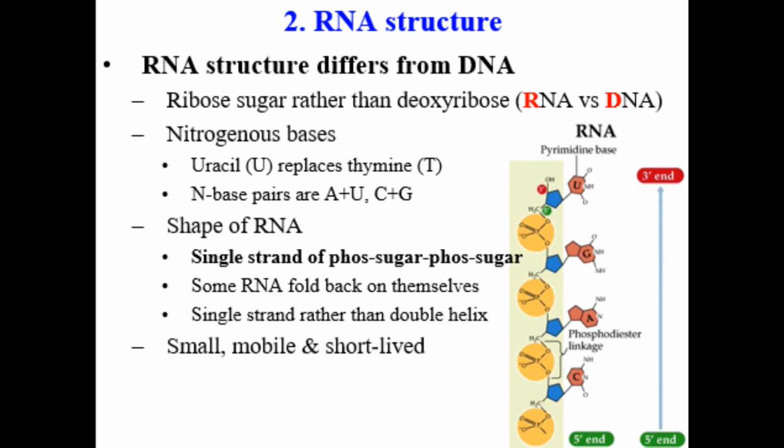And then the other thing is the lifespan of these RNA molecules. We're going to see these RNA molecules being synthesized based on the information in DNA. That information is taken to the ribosomes and used to make a protein, and then the RNA is broken down and recycled.